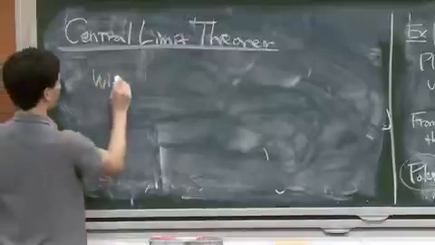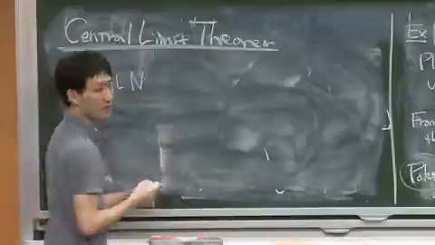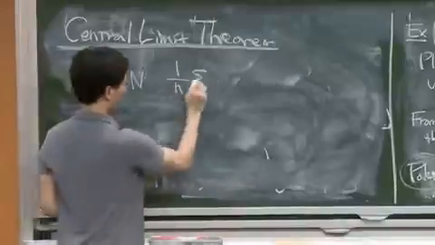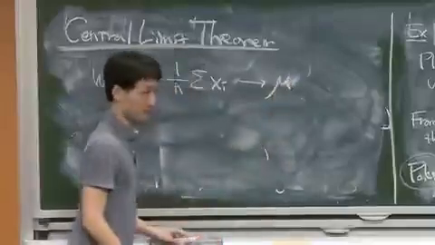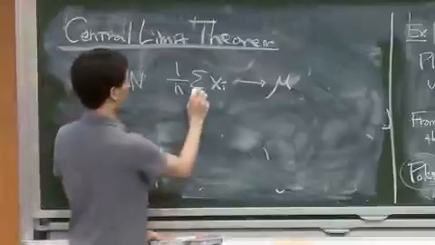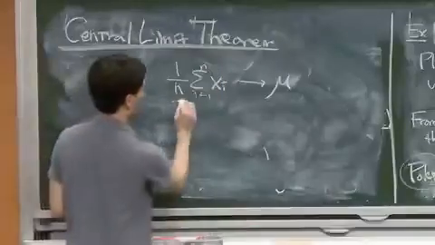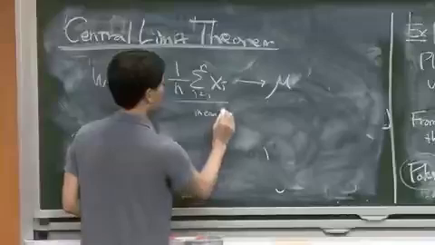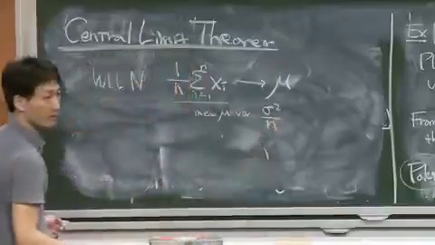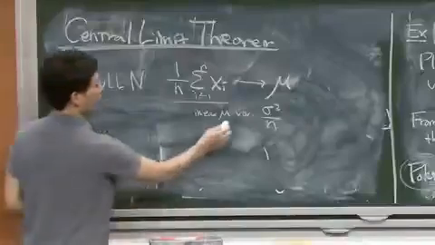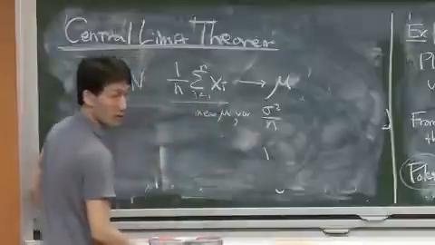So the weak law of large numbers said that if you have IID random variables, 1 over n times the sum over xi's converges to mu, the mean, in some weak sense. And the reason it happened was because this had mean mu and variance sigma square over n. And we exploited the fact that variance vanishes to get this.